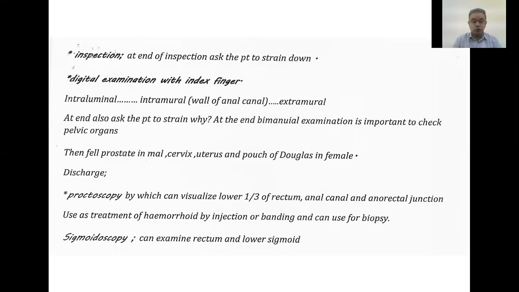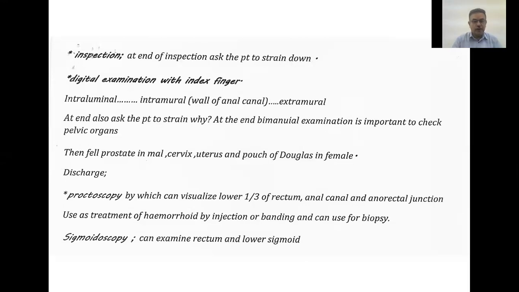By inspection, we see if there is an abscess, the external opening of a fistula, fissure, skin tag, or external hemorrhoid. Also, a pilonidal sinus posterior to the coccyx. All these can be seen by inspection.